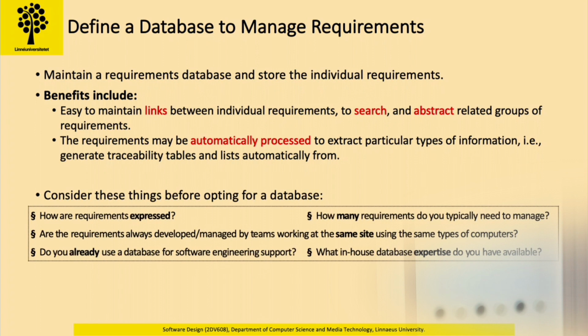So before choosing a database for requirements management, you need to ask yourself, as a requirements engineer, you need to know these factors. So what are those factors? How are requirements expressed?